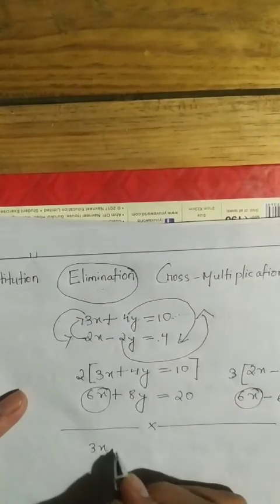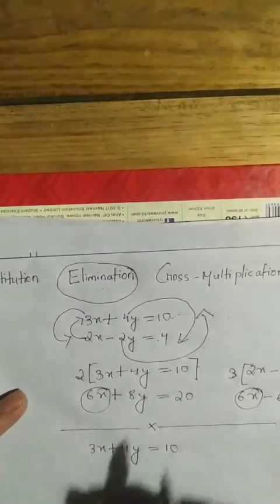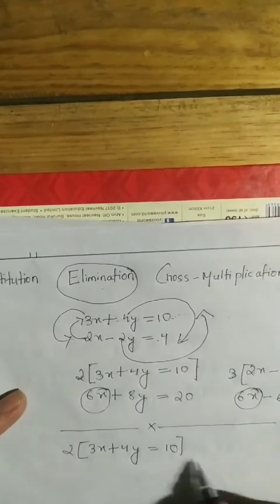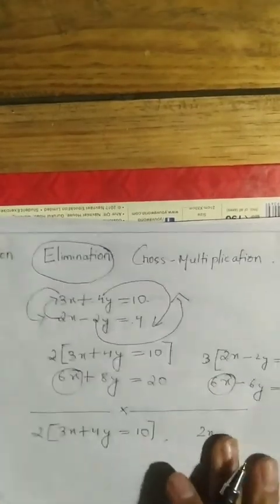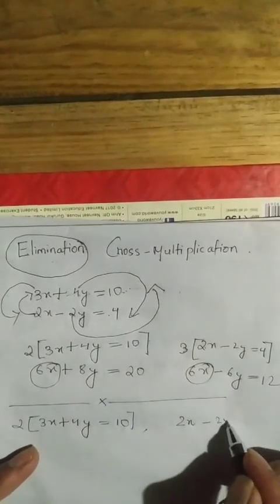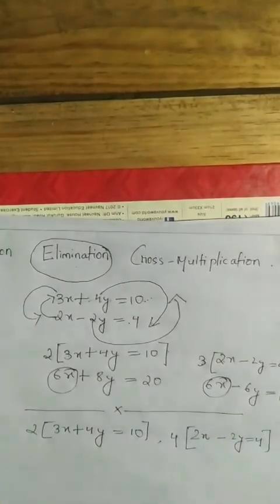My equation 1 was 3x plus 4y is equal to 10. Equation 1 I'm going to multiply by 2. What was my equation 2? 2x minus 2y is equal to 4. I'm going to multiply everything by 4 if I want to make y same.